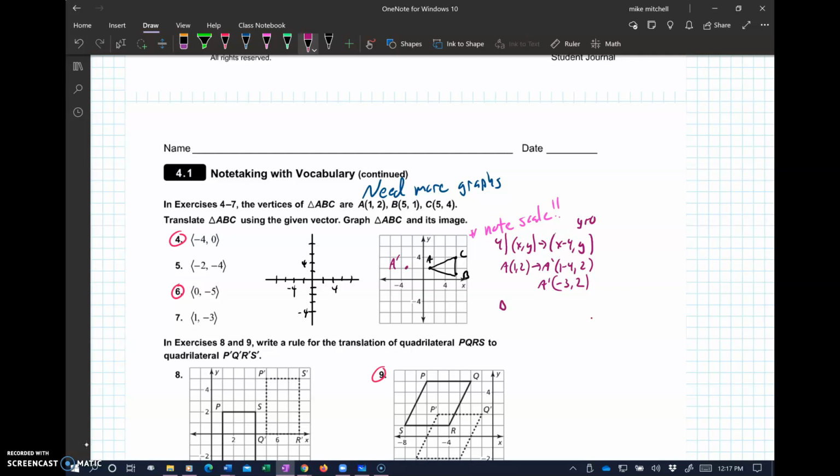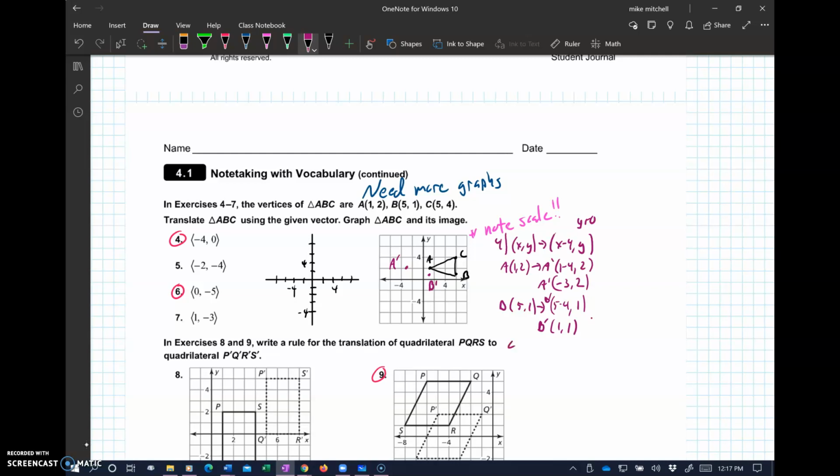And then I'm going to do B, which is 5, 1, and that's going into 5 minus 4 and 1. So that should be B prime. B prime is 1, 1. That's going to be right there. That's my B prime.